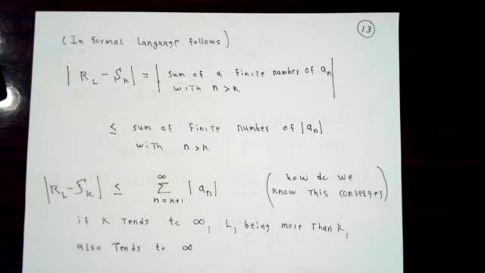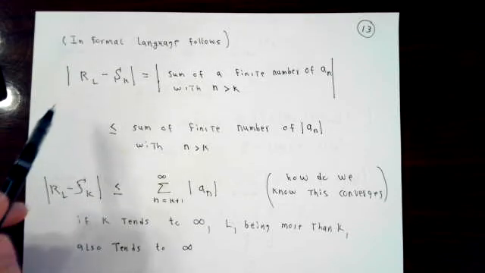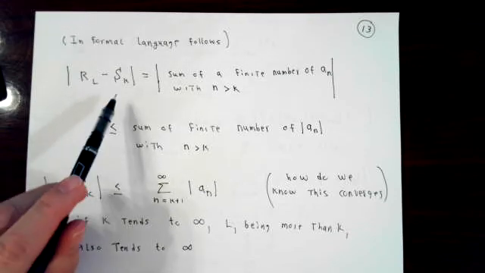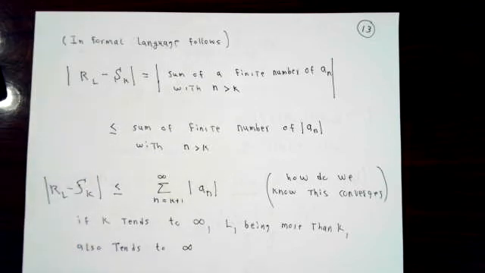Now, I'm going to use very informal language here because if I don't, the notation will get out of control. I'm going to look at the absolute value of RL minus SK. Now, SK is A1 plus A2 plus A3 out to AK.